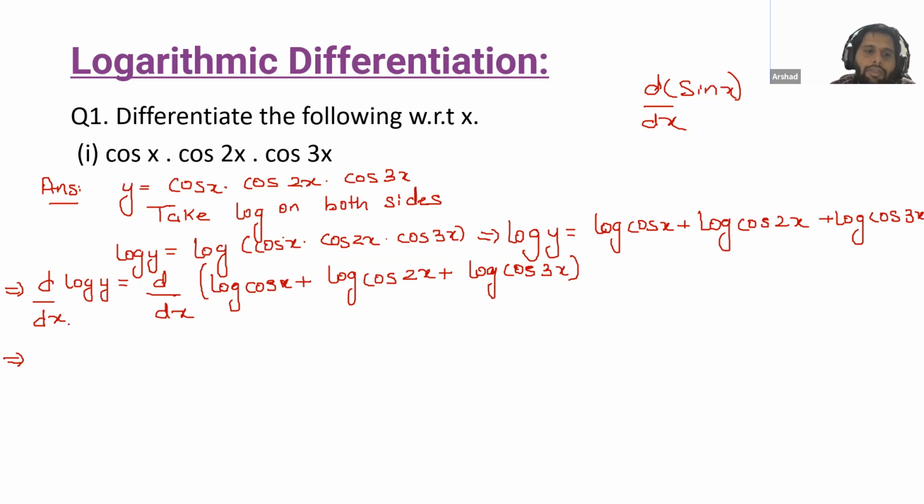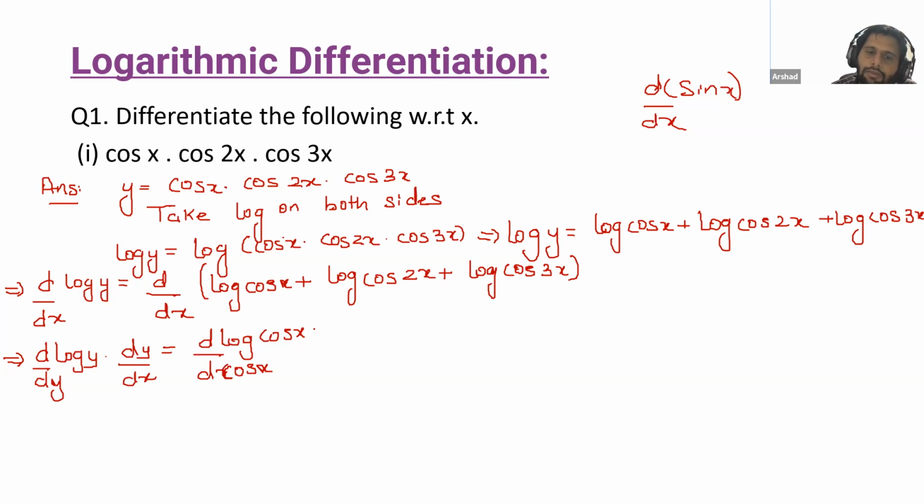Please tell me how can we differentiate this log y? 1 by y directly? No, we will apply the chain rule. So d log y with respect to y, then dy by dx. Similarly, we will differentiate log cos x with respect to cos x, and differentiate all these separately.